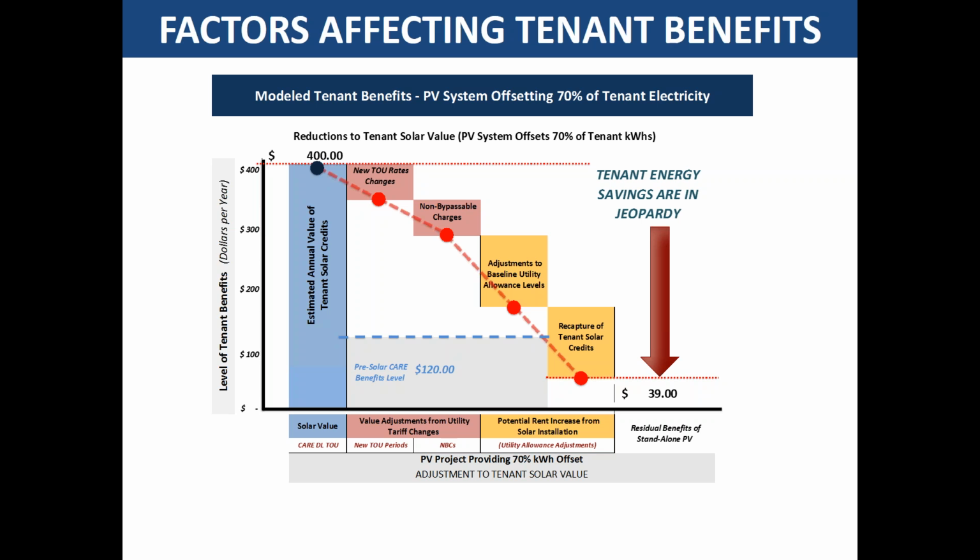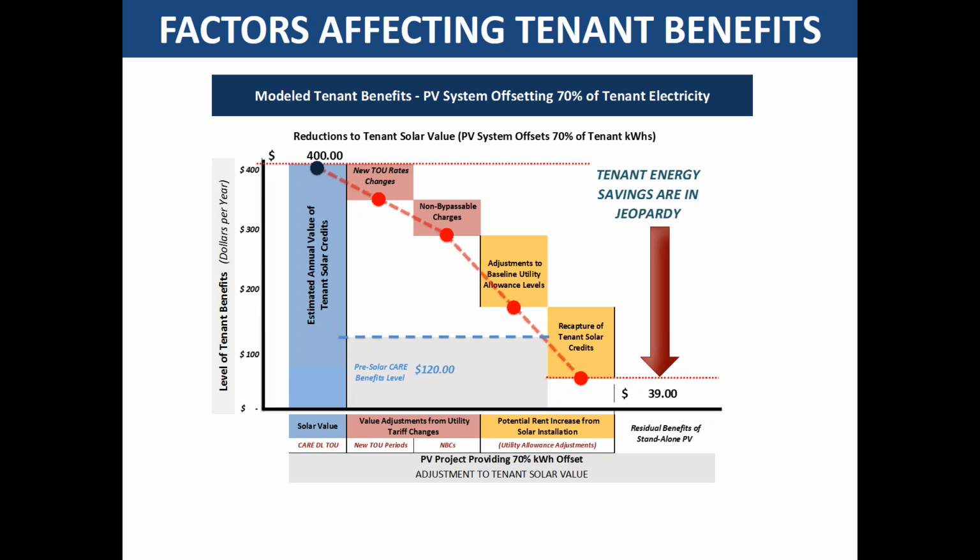And by housing policies, I'm specifically referring to utility allowance adjustments that could result after a PV system is installed. Under the utility allowance adjustment process, the property owners or funding agencies can lower the amount of the utility allowance included in the tenant's rent calculation. And this action actually increases the tenant's rent payment.